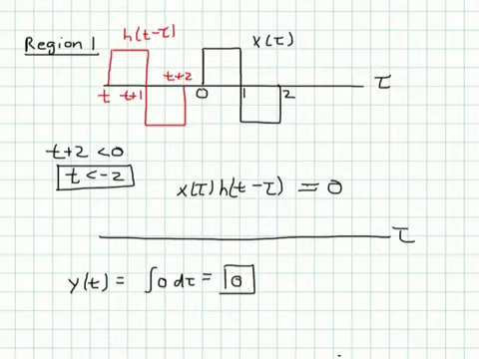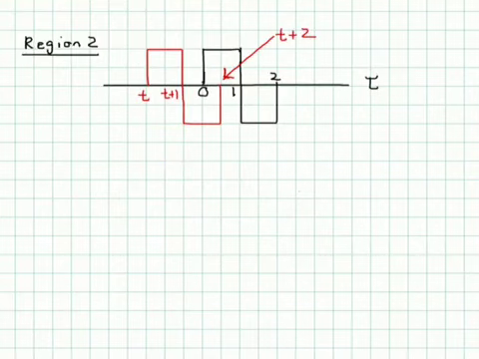Now if we look at what happens when we start sliding this to the right, eventually this edge will get to be greater than 0, and then we will have some non-zero overlap. This next page shows what happens for that case. Now the right edge of the red curve, where t plus 2 is, is greater than 0.